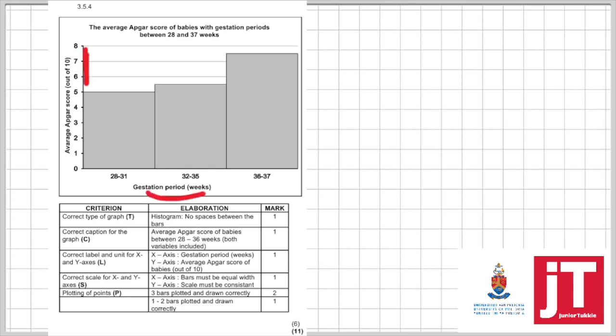Your heading is the average APGAR score of babies with gestation periods between 28 and 37 weeks. And then there's your histogram, no spaces, and you have the weeks below. You get a mark for the correct type of graph, the correct caption, the correct labels on the X and the Y axis, the correct scale. The bars are the same width, there are no spaces, and all 3 bars were plotted correctly.